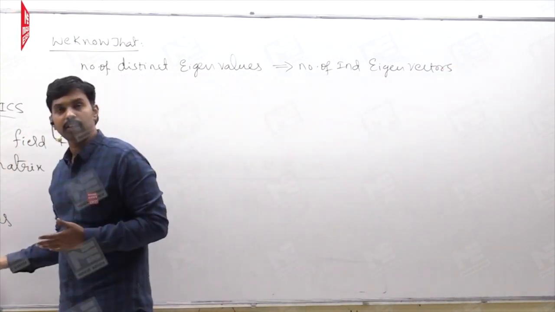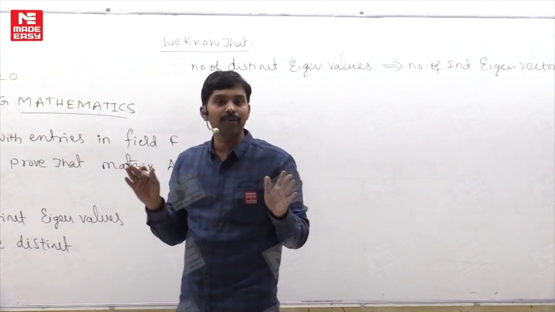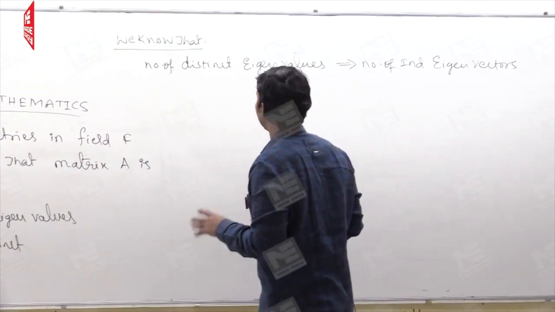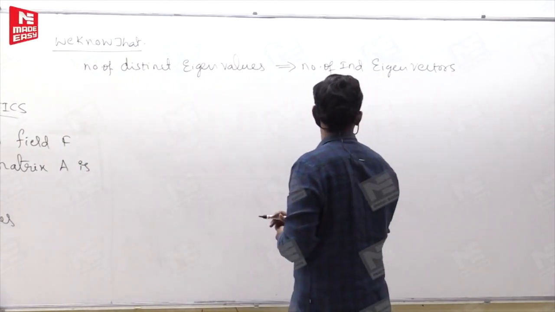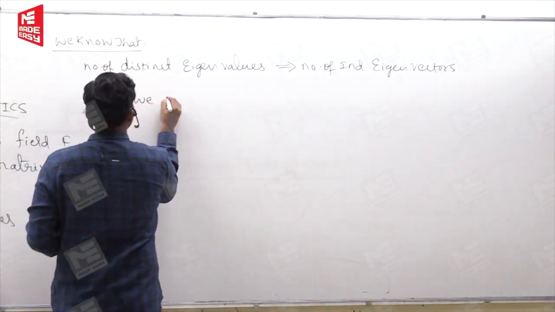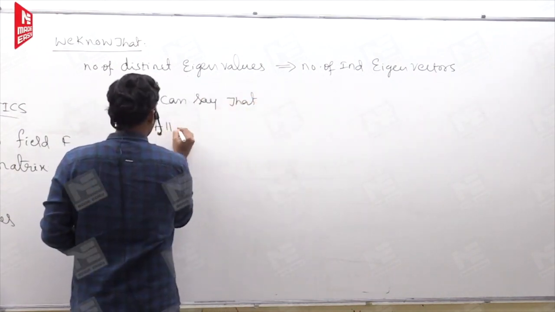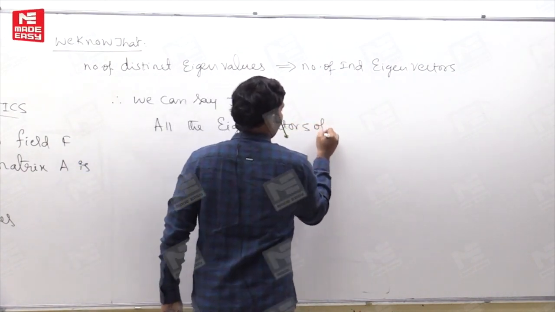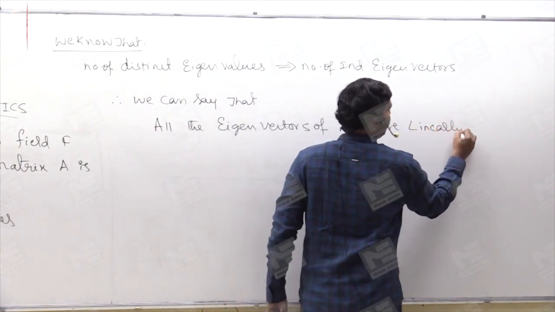Now here, what we have supposed is that all the eigenvalues of A are distinct. If all the eigenvalues of A are distinct, then as the number of distinct eigenvalues implies the number of independent eigenvectors, therefore we can say that all the eigenvectors of A, n by n, are linearly independent.